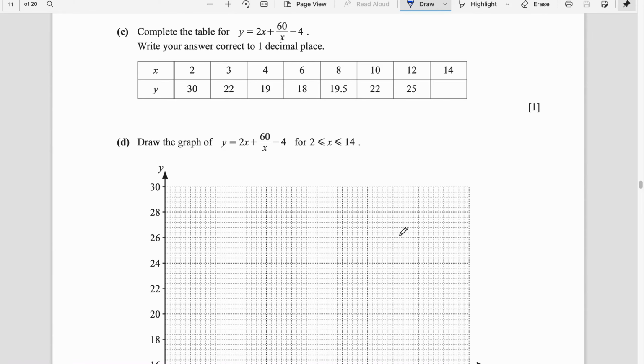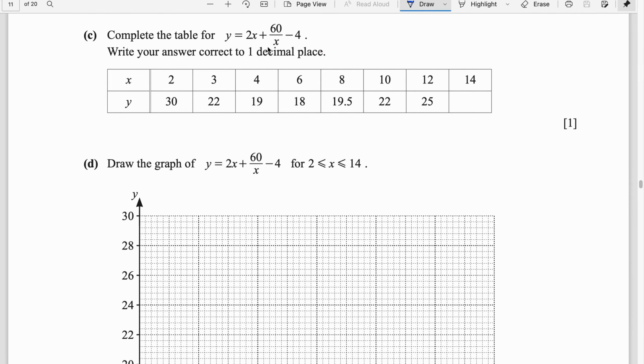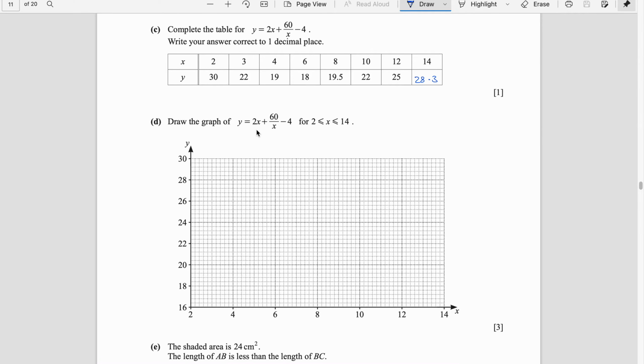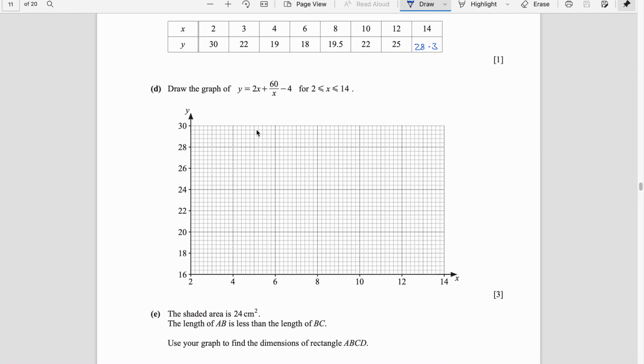C part. Complete the table for y is equal to 2x plus 60 by x minus 4. Just substitute 14 in this and we get 28.3. Draw the graph of y is equal to 2x plus 60 by x minus 4 for 0 to 14. At 2 we have 30. At 3 it is 22. At 4 that is 19.